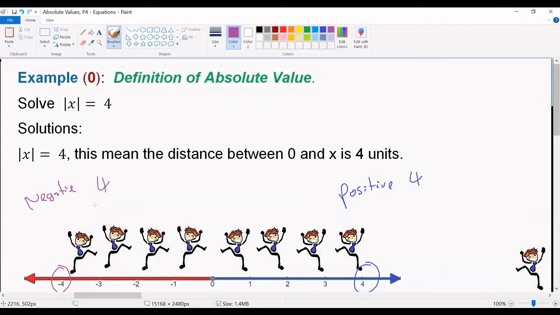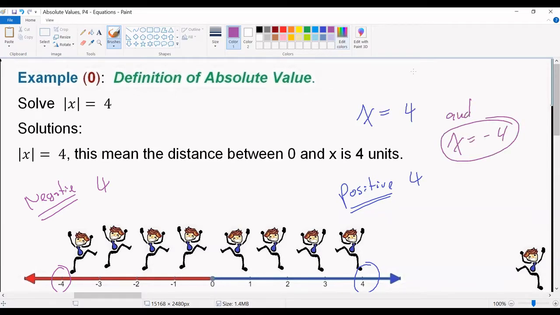This tells us that when solving any absolute value equations, we're going to have two possibilities, a positive possibility and a negative possibility. So we have two cases. As a result, in our final answer, we're going to have x is equal to 4, and x is equal to negative 4. So these are our two solutions.